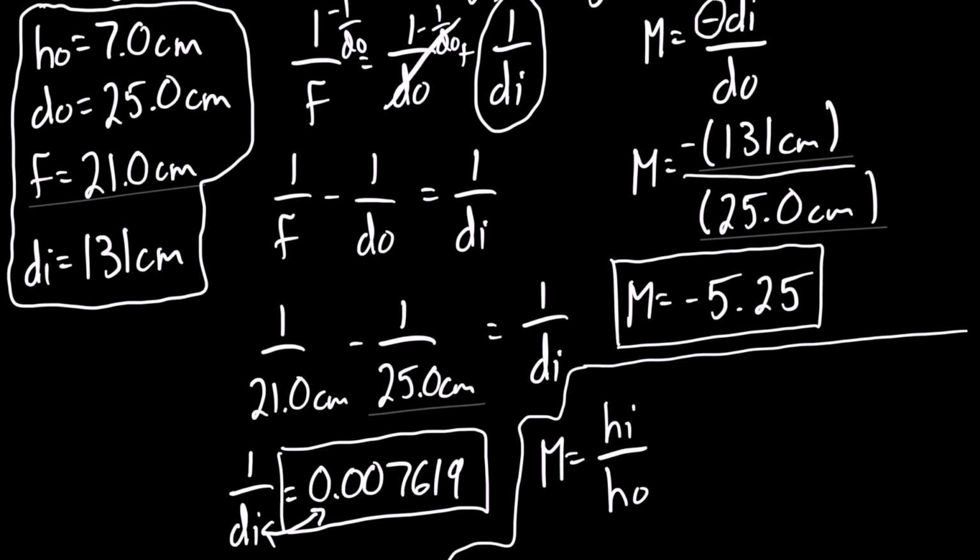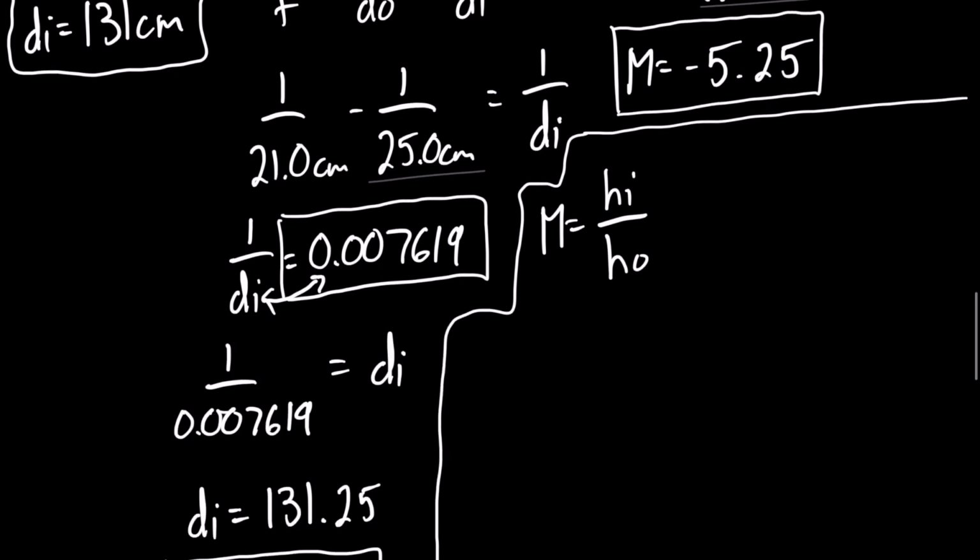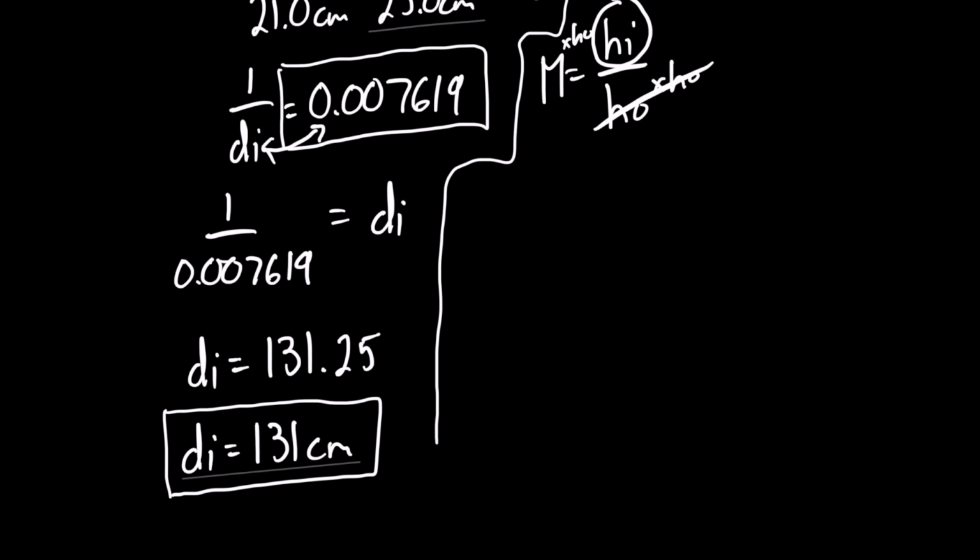We have HO as well as magnification. So we can manipulate to find our HI. Let's multiply out our HO. And our final equation is M multiplied by HO will equal our HI.